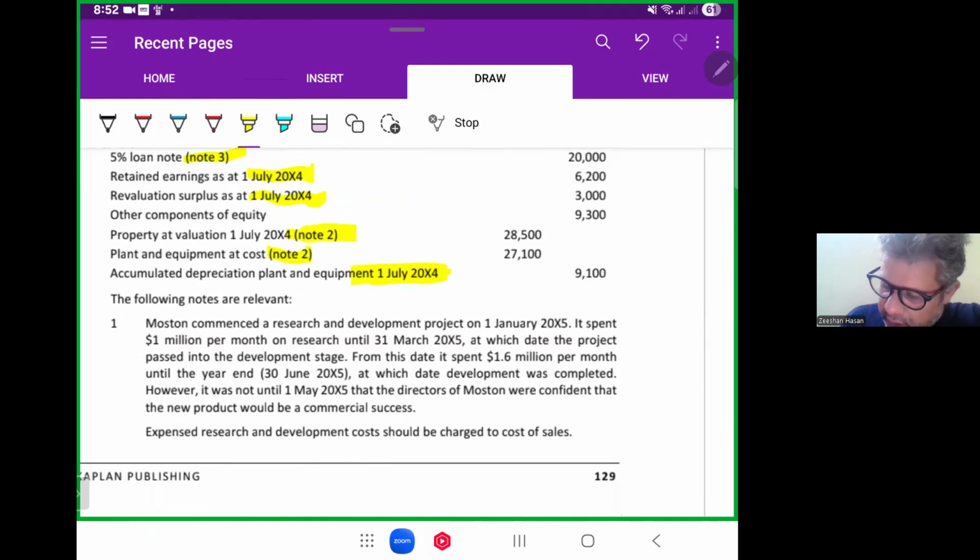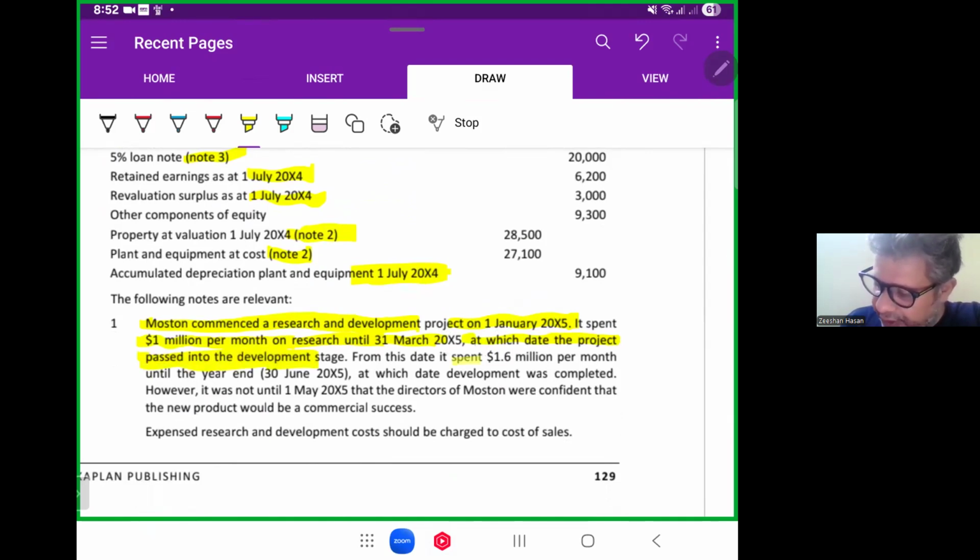Now, first note, that is Moston commenced a research and development project on 1st January 2005. It spent $1 million per month on research until 31st March 2005, at which date the project passed into the development stage.